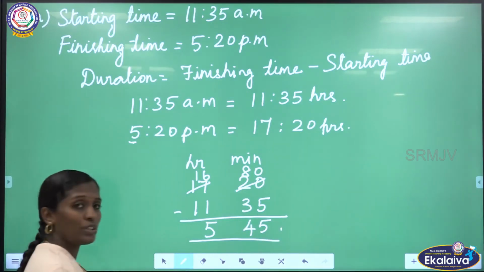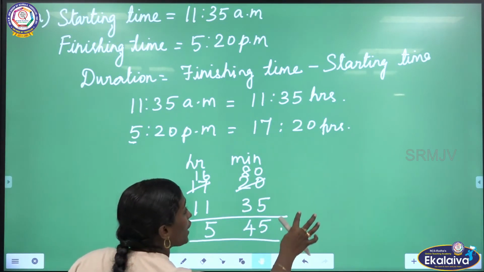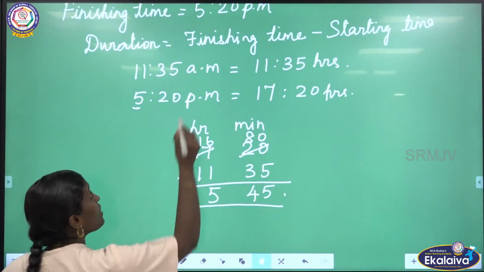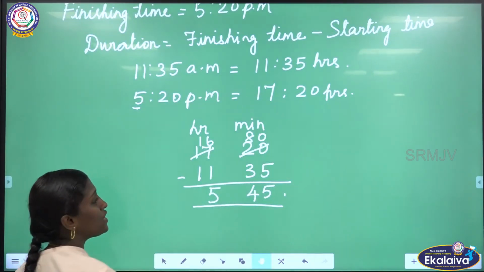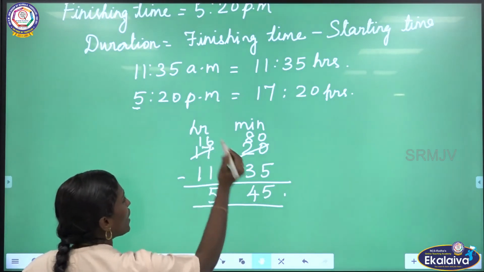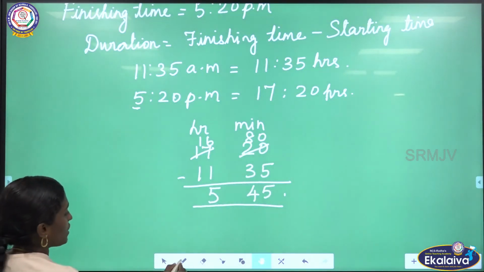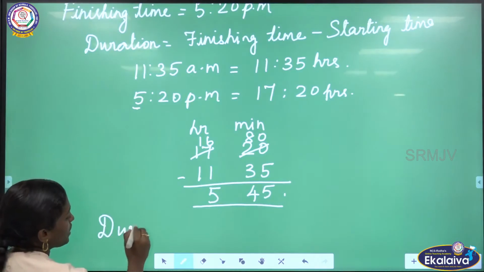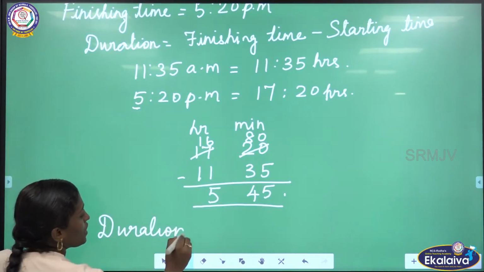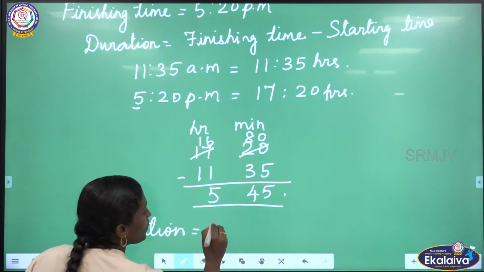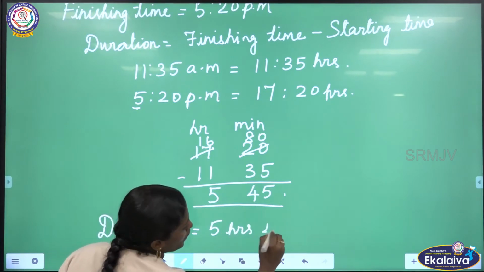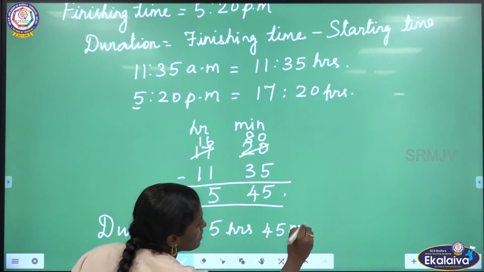This is the duration. So, to find the duration, we are subtracting starting time from finishing time. Then we are getting 5 hours 45 minutes. Duration is equal to 5 hours 45 minutes.